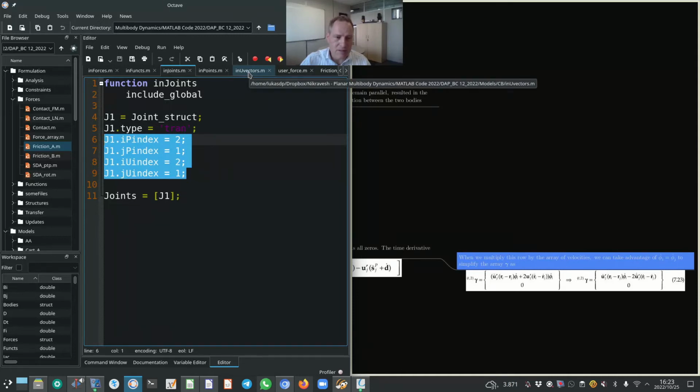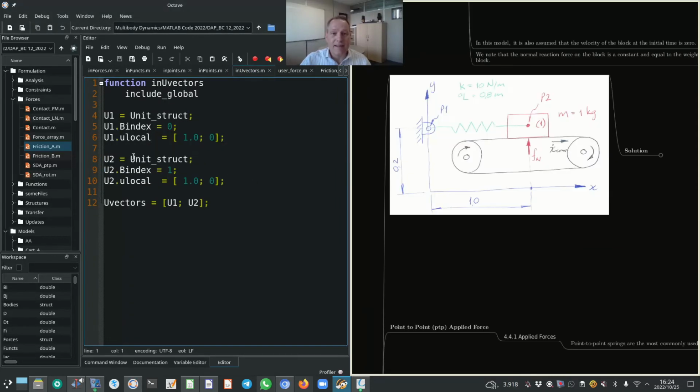Just to explain that, our first U vector, U1, is on ground, body 0, and it has local components of 1 in the x-axis, which is the local axis system for ground, and 0 in the y direction. Obviously the magnitude of this unit vector is 1, which is what it is supposed to be.